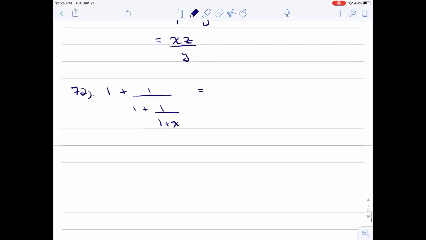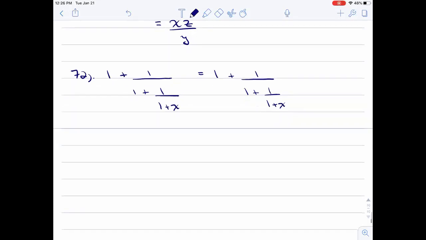And so what we have is 1 plus, but at every step we have to write out all the other terms, right? Even though it's tedious, 1 plus 1 divided by 1 plus 1 over 1 plus x. I didn't change anything here. What I'm going to do is put these over the common denominator of 1 plus x. To do that, I'm going to multiply this 1 by 1 plus x over 1 plus x, right?